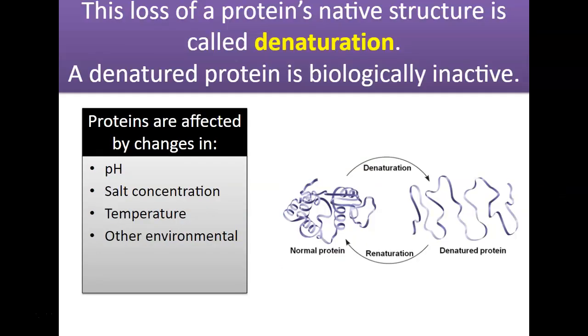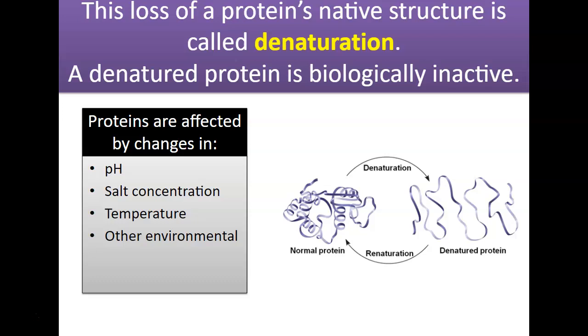If the protein loses its structure and therefore loses its function, it's said to be denatured. If something is denatured, it can't work anymore. Essentially, you've broken it. Proteins like to live in a happy temperature, pH, and salt environment.